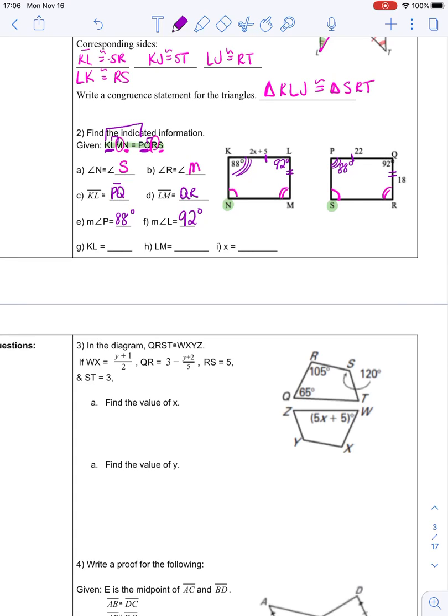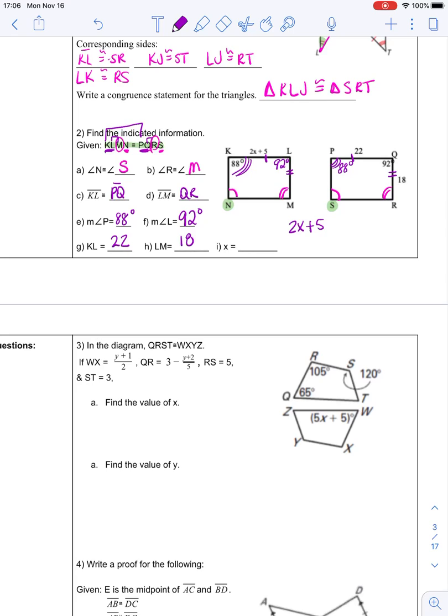And then KL is 2x plus 5, and it matches up with PQ, so before we even solve for x, we know that KL has to be 22 because that's how long PQ is. LM has to be 18 because that's how long QR is.